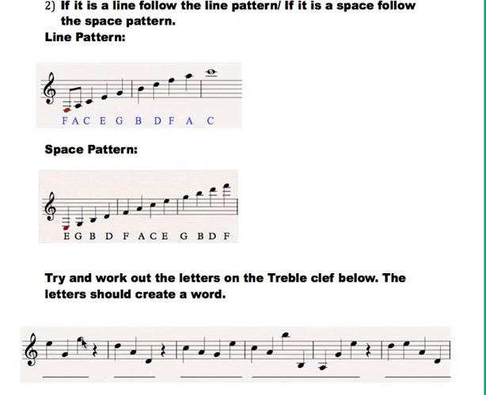Now I will help you with the second bar, just because there are letters that are below the stave. I will let you work out these two letters, but I will help you with this third letter that is below the stave. We first need to understand whether it's a space or a line.